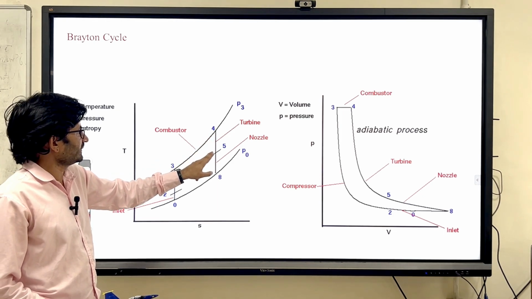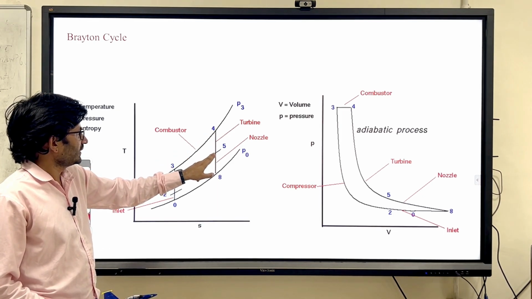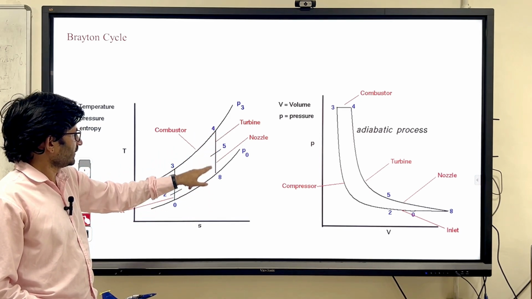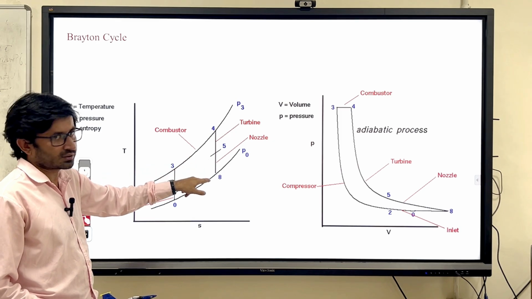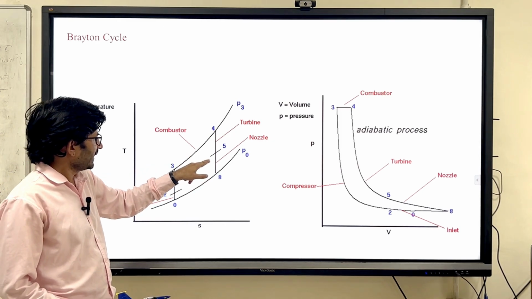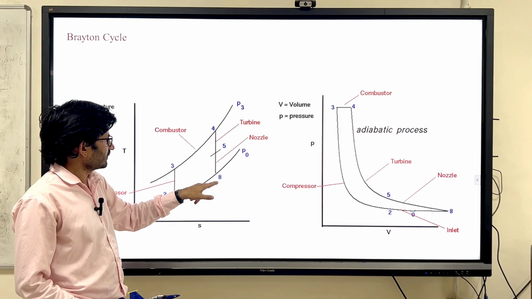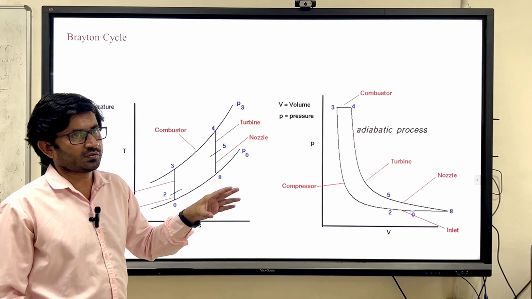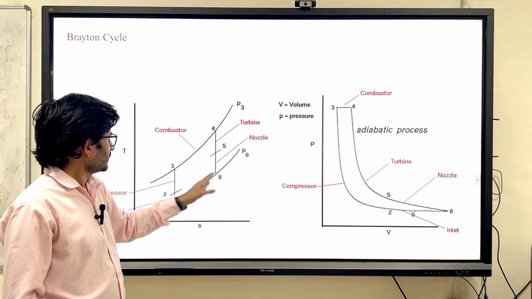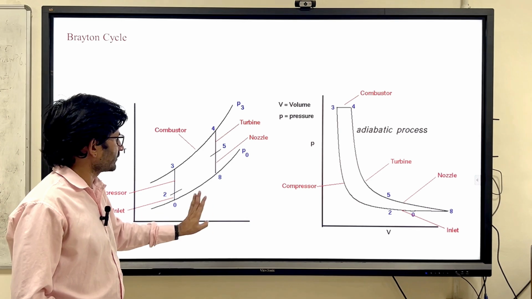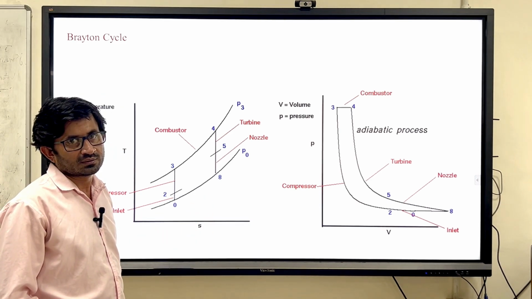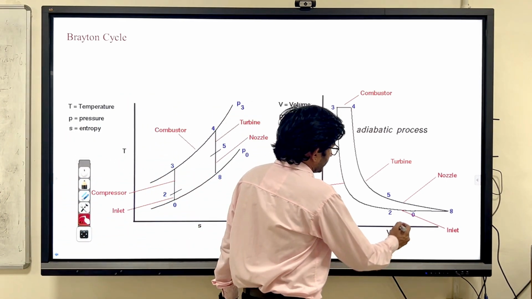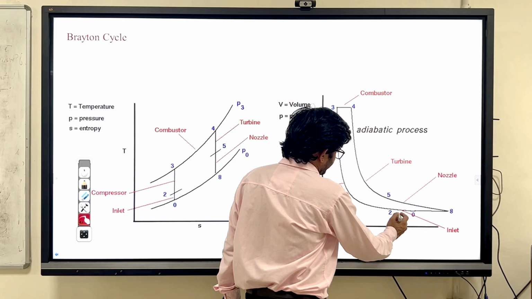Similarly, from 4 to 5 in the turbine case you will have a drop in temperature, but entropy remains constant. And from 5 to 8, when you exhaust and the exhaust reaches the ambient pressure, your temperature will drop, but entropy remains constant only, right?